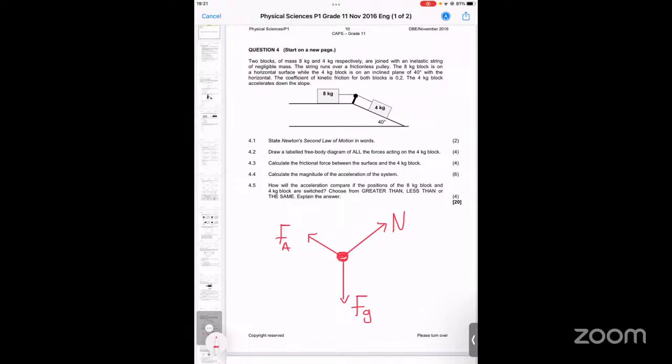So, in which direction are those masses moving, if they are moving? To the left, sir.